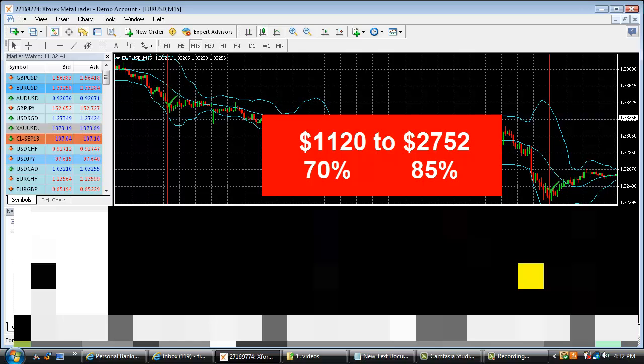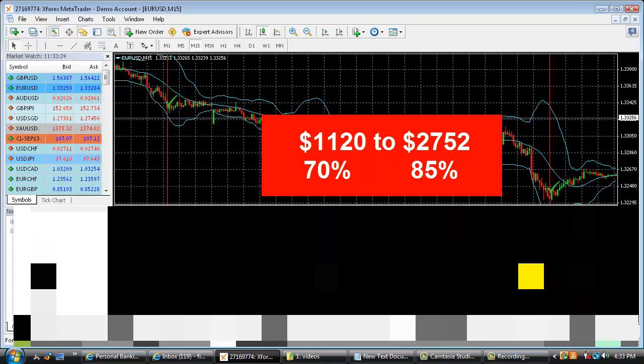We have noticed that they offer a range between 70% to 85%, but for gold members, there is 87%. So the 1,120 is based on a 70% return, and 2,752 is based on the 85% return.